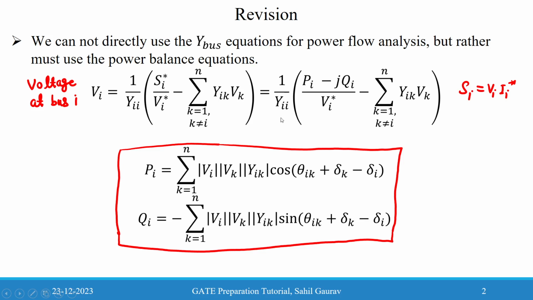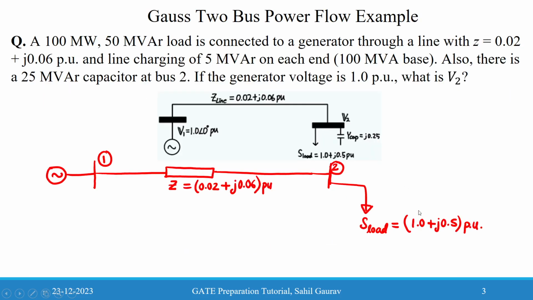For that you need the bus admittance matrix, the different elements of the bus admittance matrix, so that you can put these elements in and get the voltage at bus 2. Again, here the capacitor is connected at bus 2, whose value is j0.25.